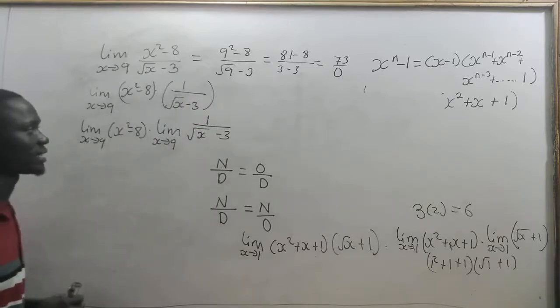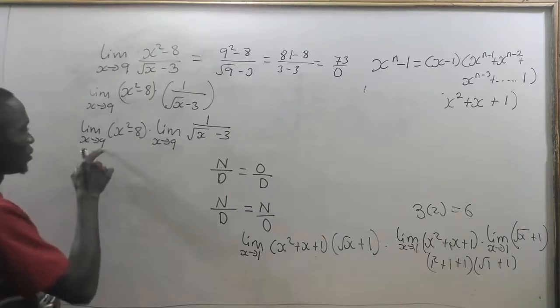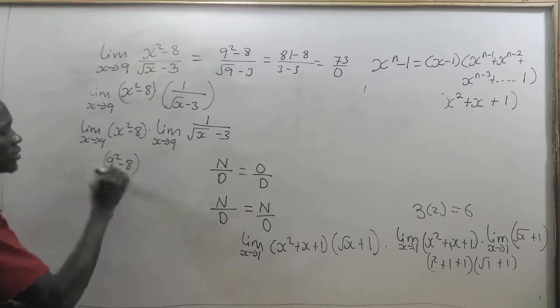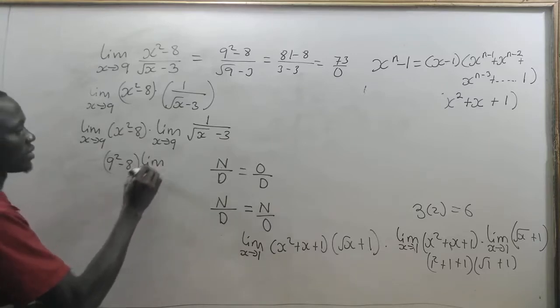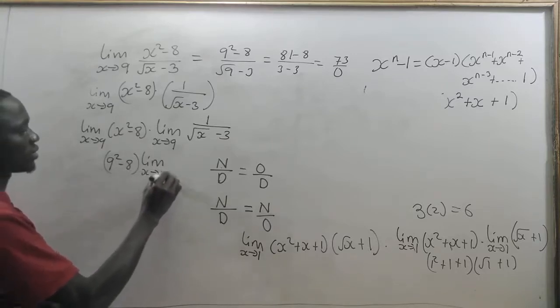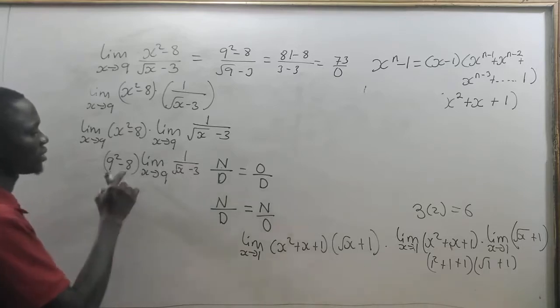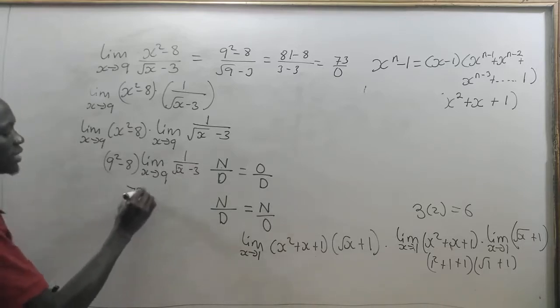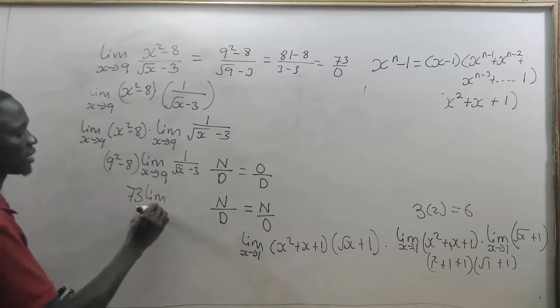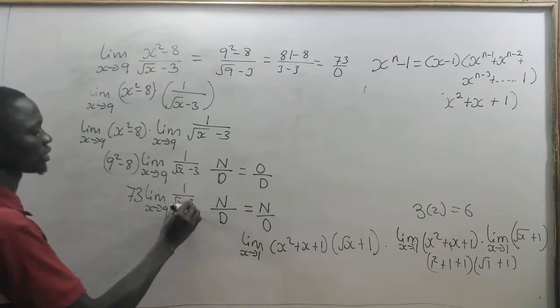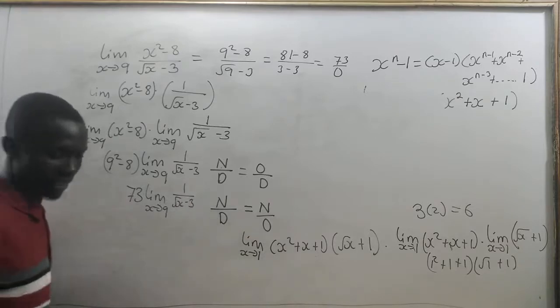Very simple as that. So here, upon direct substitution, we're going to have 9 squared minus 8, which gives us 73, times the limit as x approaches 9 of 1 divided by the square root of x minus 3.